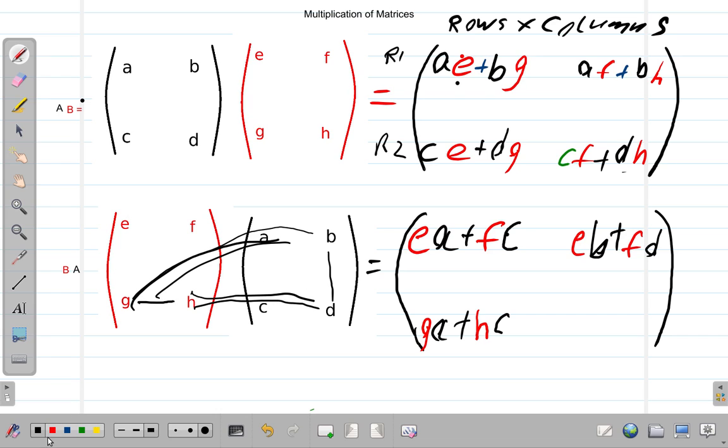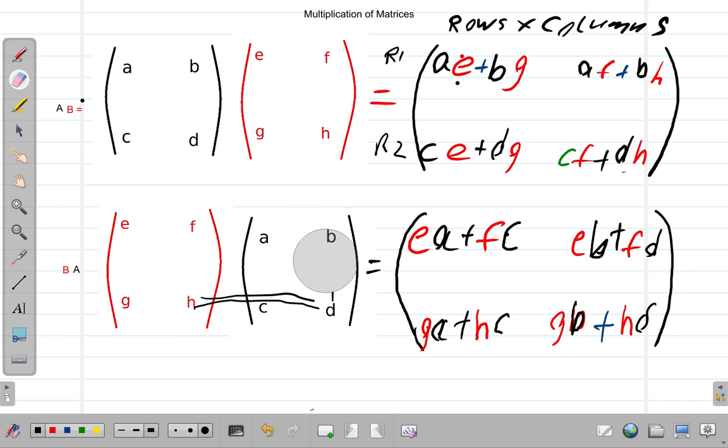So it's G times B plus then the seconds, H times D. So remember, it is G times B plus H times D, because it is second times second. Now, that's what you have when you're finished.